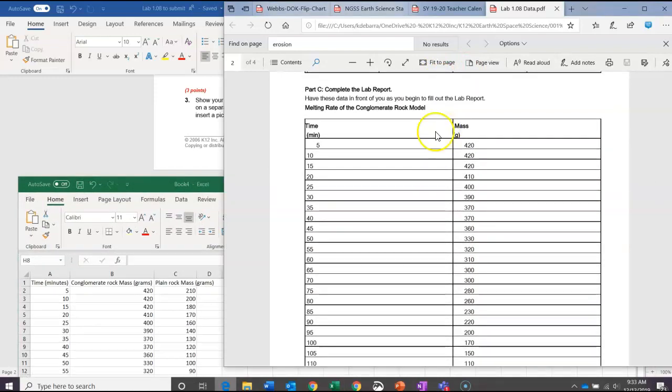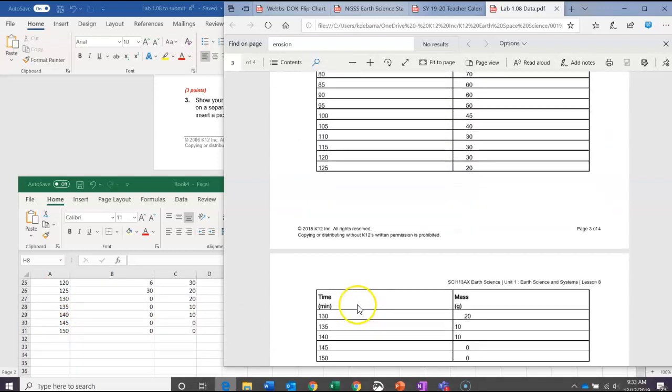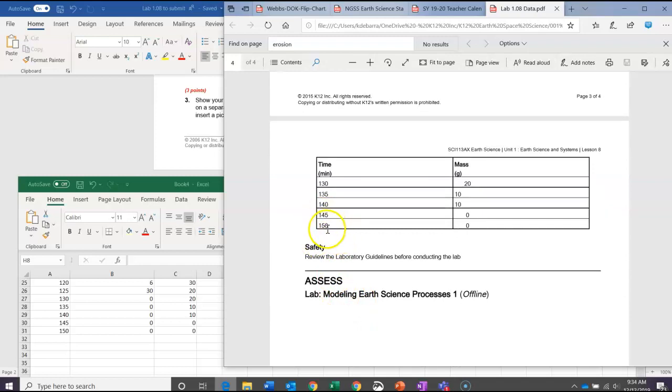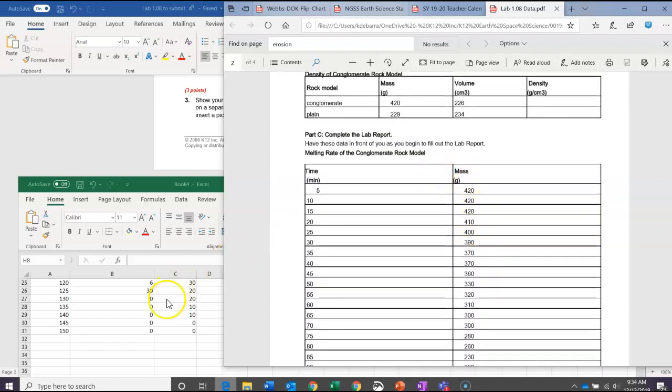So I made 3 columns. I made one here that says time, and I show the units, which are minutes. And so I went from 5 all the way down to 150, because for the ice model, the time goes down to 150. And then I entered the mass for the conglomerate and for the plain ice or the plain rock models into 2 separate columns.